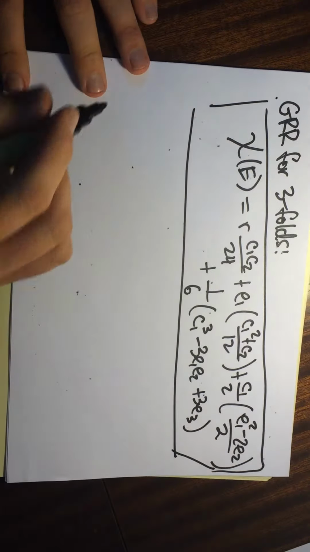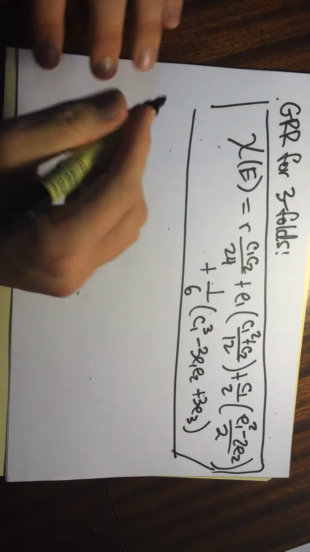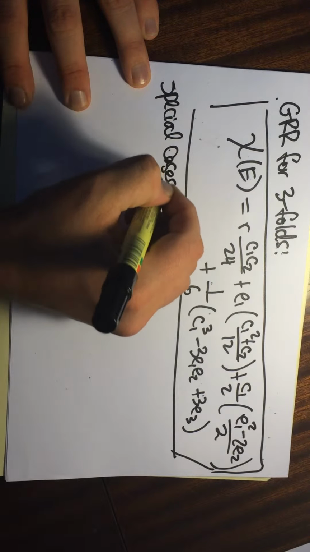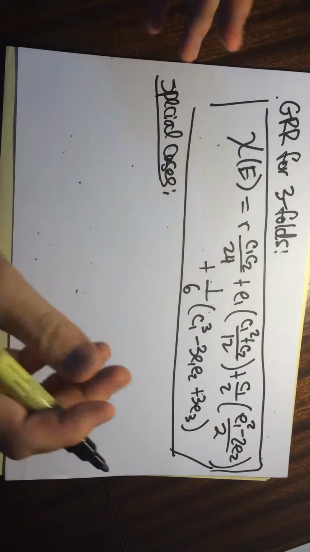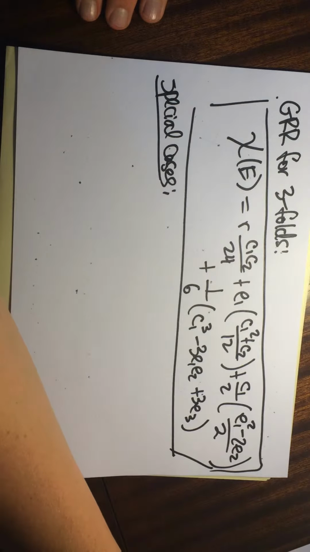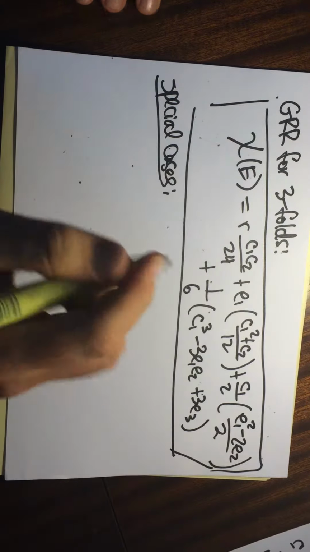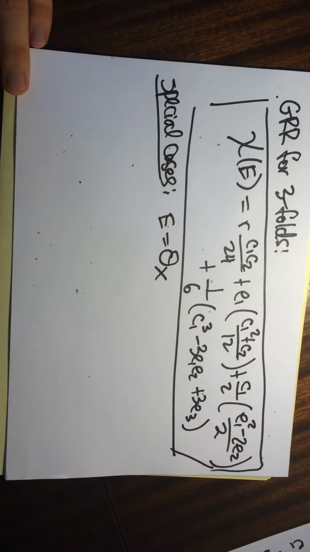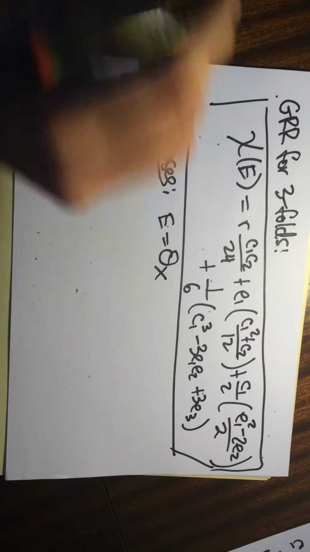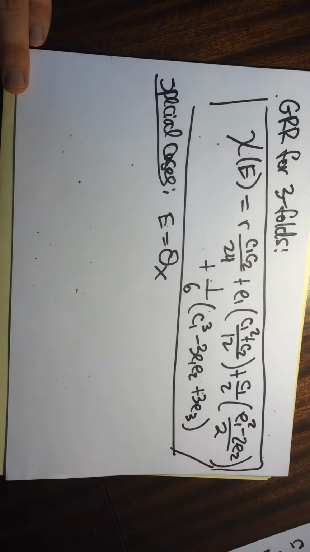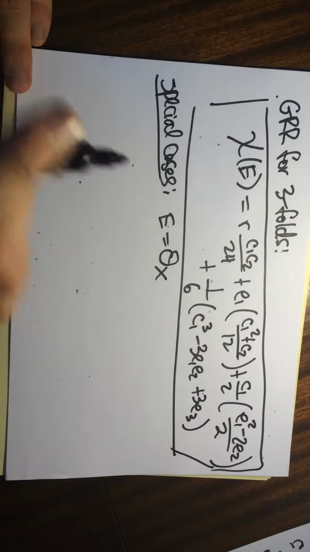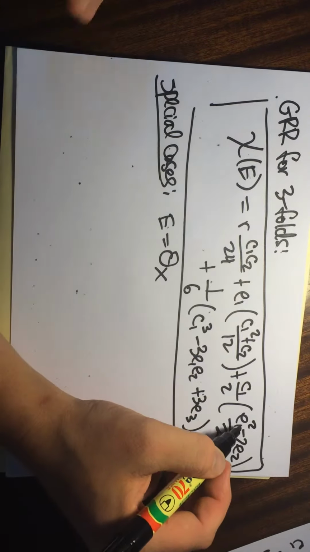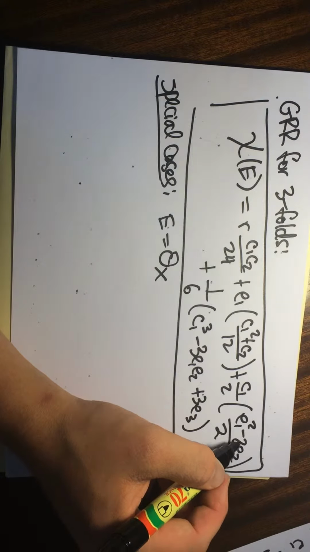So now we have this formula. Let's look at some special cases. What we can do is look at when E is equal to O of X. Then the rank is 1, so this becomes 1, and the higher Chern classes vanish. So this vanishes, this stays.